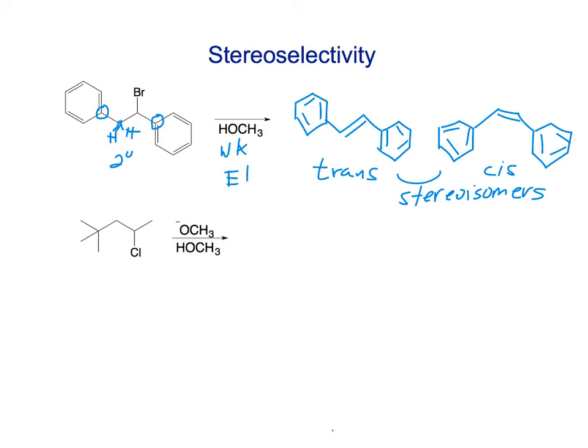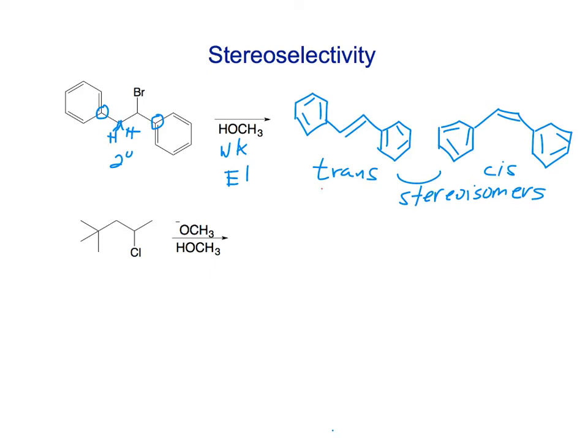Now, stereoselectivity plays a role in reactions like this where more than one stereoisomer is possible as a product. The reaction will be then stereoselective if one of those products is formed in excess of the other. And in this case, just like we saw with the Zaitsev rule, when we do the elimination, the most stable product gets formed in excess.